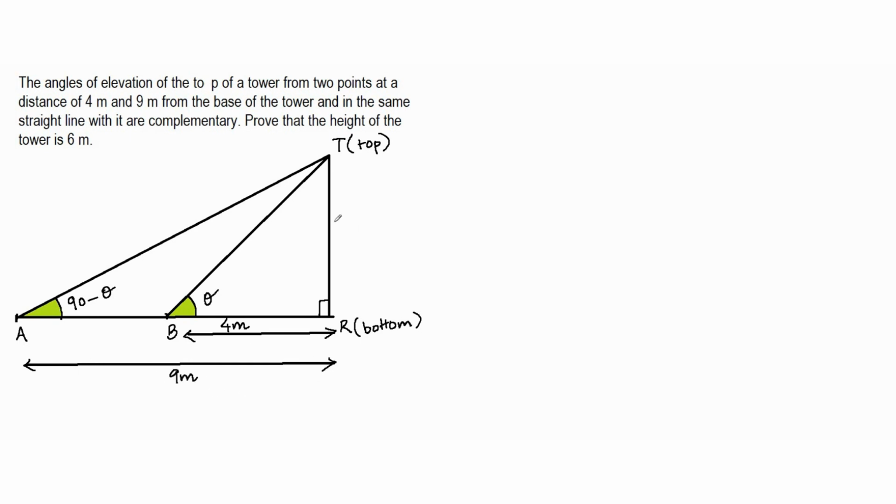Now I have to show that the height of the tower is 6 meters. So I have to show that h equals 6. Again, let me pause for a few seconds while you take a look at the question and the diagram, and then we shall move ahead and solve it.